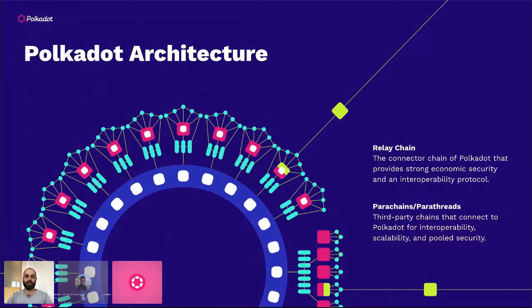The validators of the relay chain are going to be validating blocks for the relay chain, and then the parachains can also have their own validators. These are called collators, and they interact with the relay chain validators and therefore synchronize the parachains with the relay chain. There can be different ways to connect to this relay chain. Parachains are the main format that we're seeing.